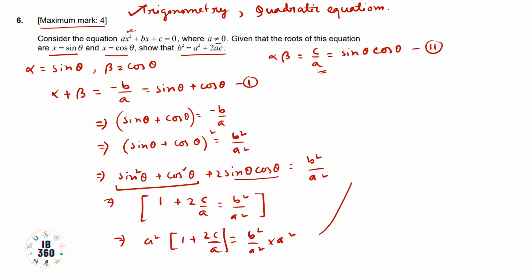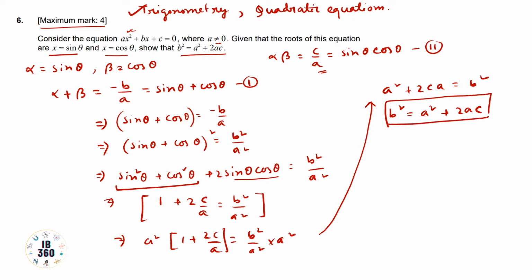So we are getting a square plus 2ca equals b square. This is what we have to find, that is b square equals a square plus 2ac. So this is proved.